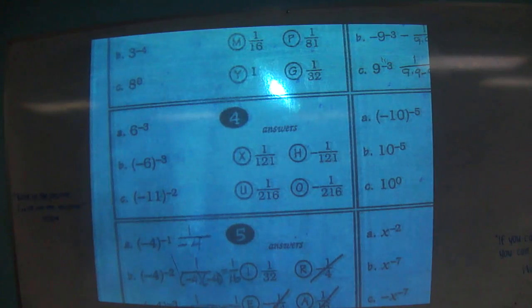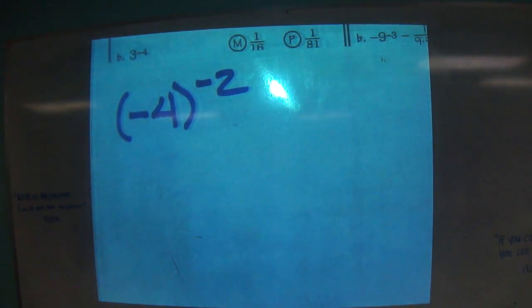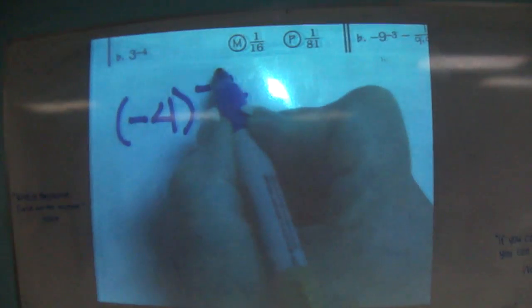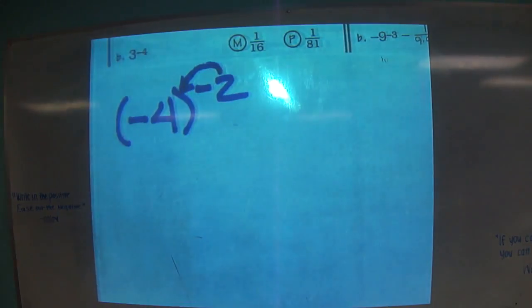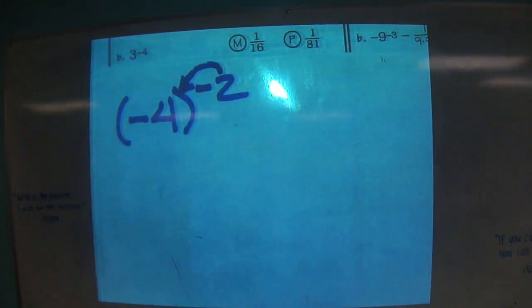So let me show you something else. What happens when we get something like section 5? We saw what happened with the 9s, and what if we have negative 4 in parentheses to the negative 2? We said exponents only affect what they're right next to. So the negative 2 is affecting the parentheses.